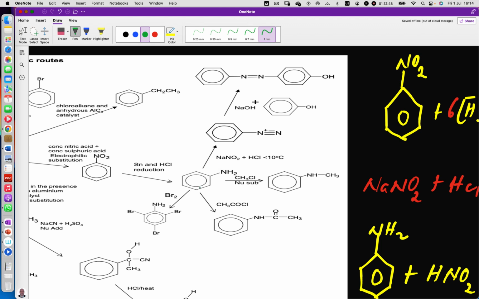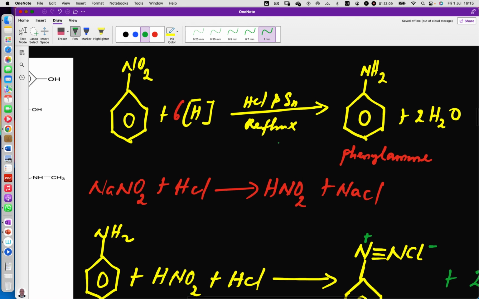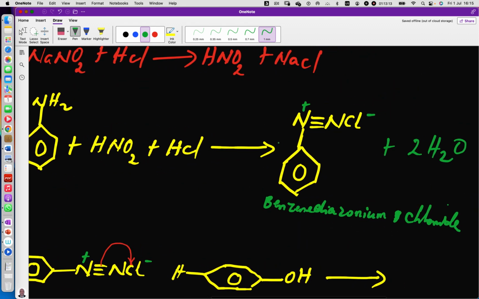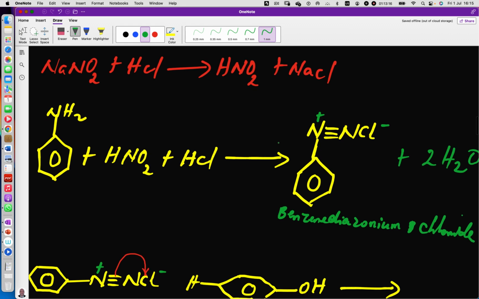Now reacting phenylamine again, we can react phenylamine with sodium nitrite and nitrous acid, with the nitrous acid reacting with phenylamine to produce benzene diazonium chloride.